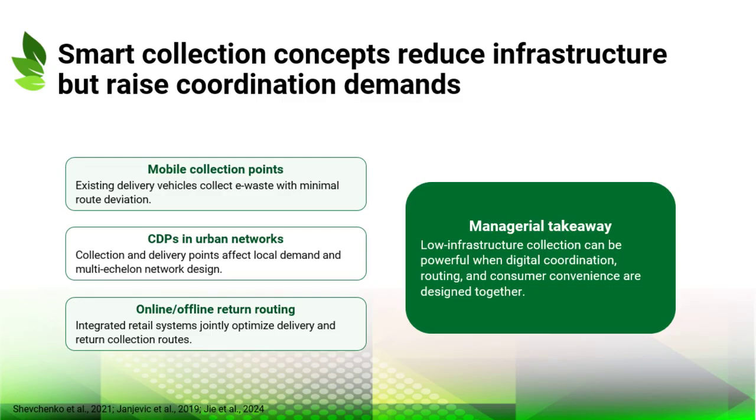Online and offline return routing models coordinate deliveries with pickups, especially in retail systems where customers expect speed and convenience. The managerial message is that low infrastructure collection works when digital coordination, routing algorithms, and consumer convenience are designed together. Otherwise, smart collection simply shifts complexity from buildings to information systems and planning.